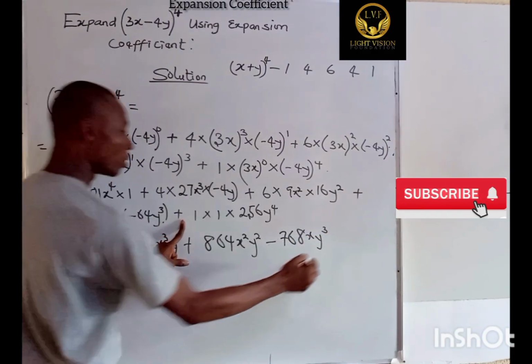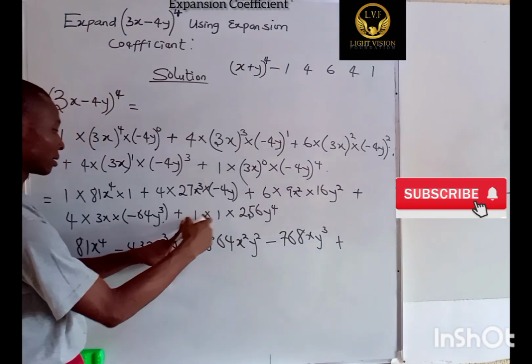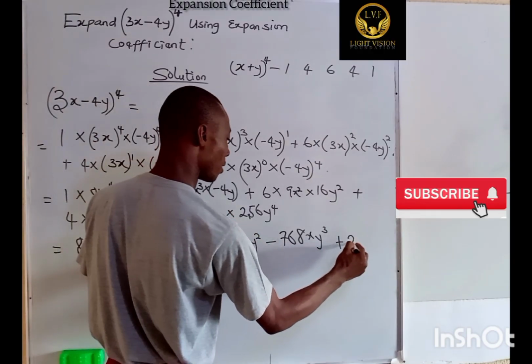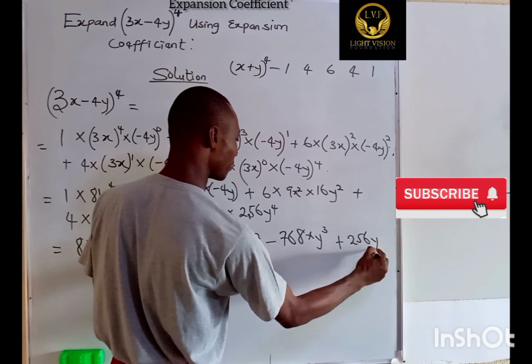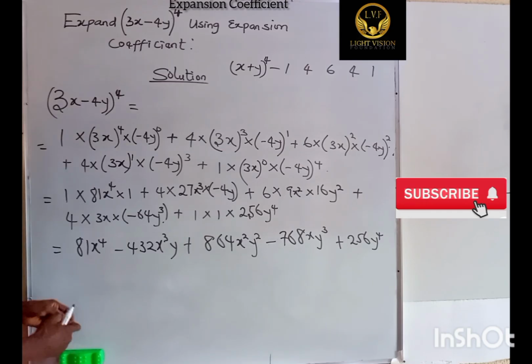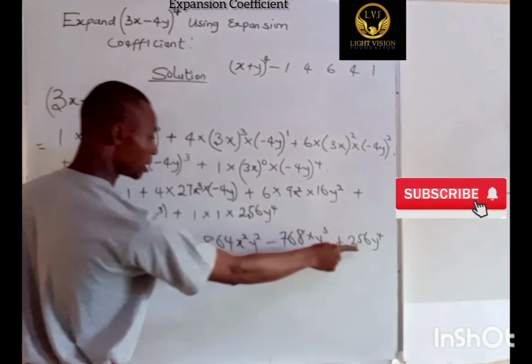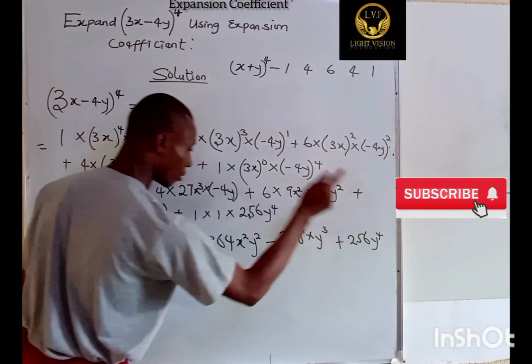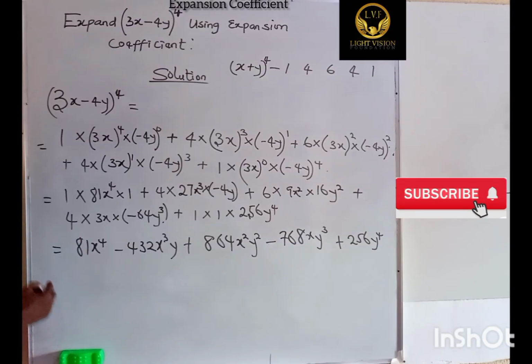Now plus 1 times 1 times 256y^4 becomes 256y^4. Now you notice that here the powers of x are decreasing to 0, while the powers of y are increasing to 4.